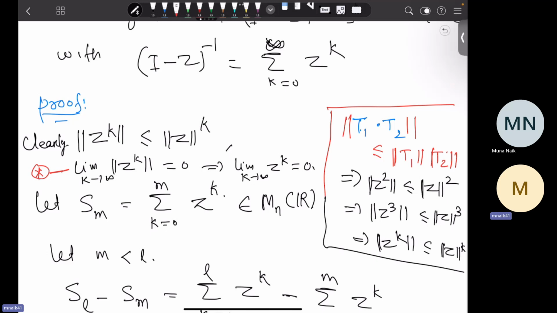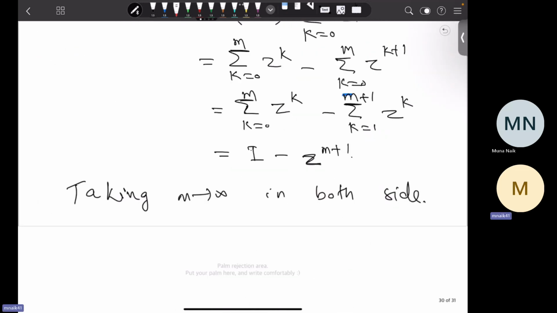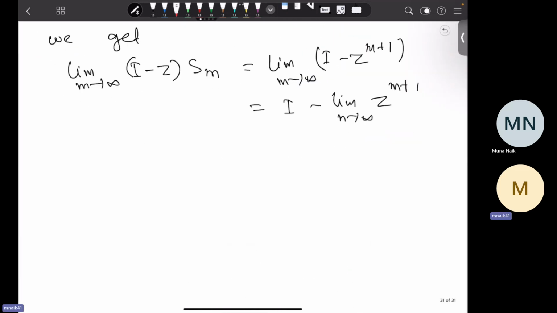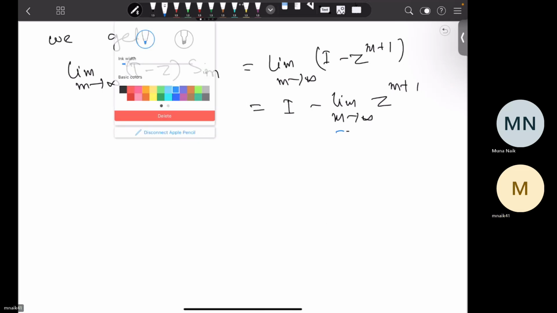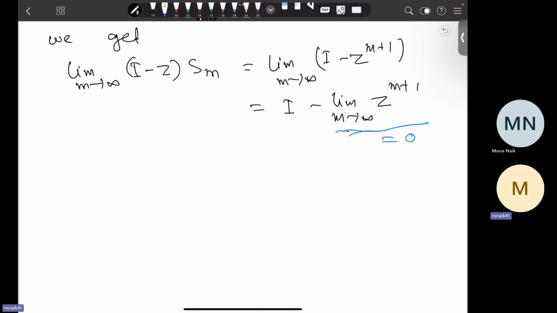I can call this star. So this thing is 0, right? As m tends to infinity, this thing is 0. So I will get I.